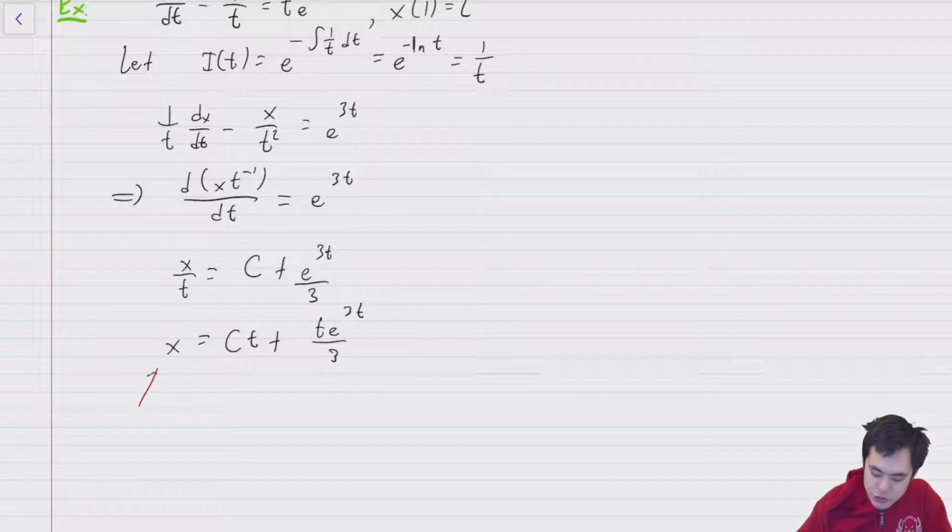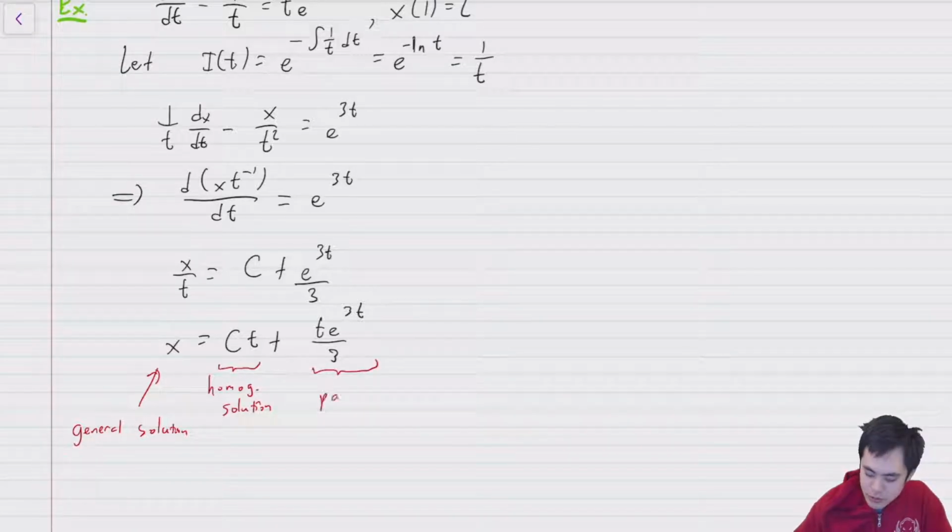And this shows us various parts of a solution to an ODE. You have a general solution, this actually turns out to be your homogeneous solution, and this turns out to be the particular solution.